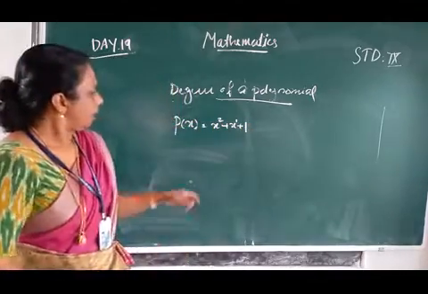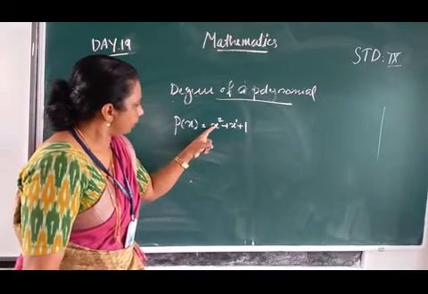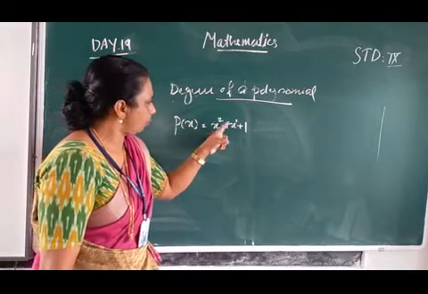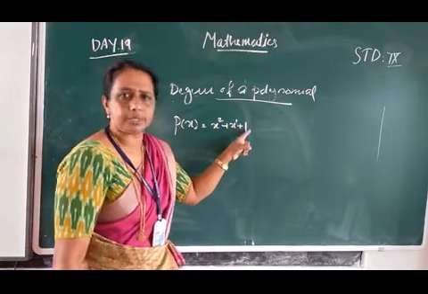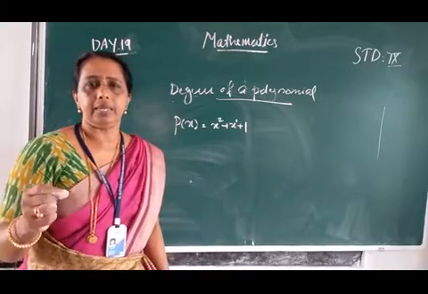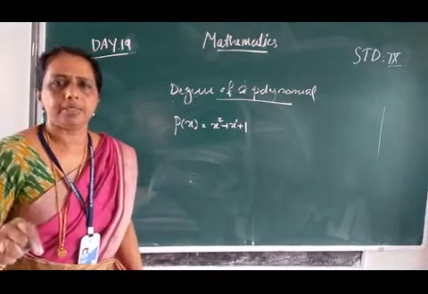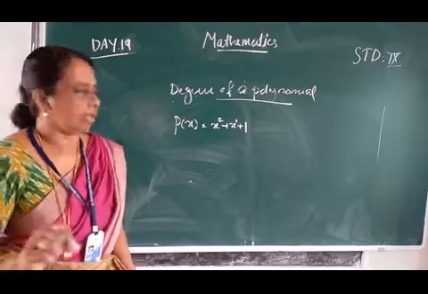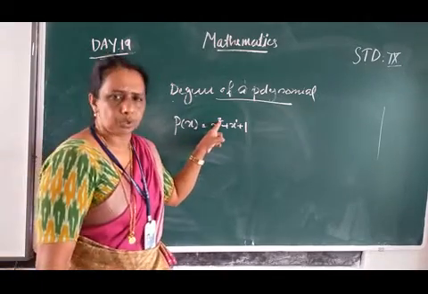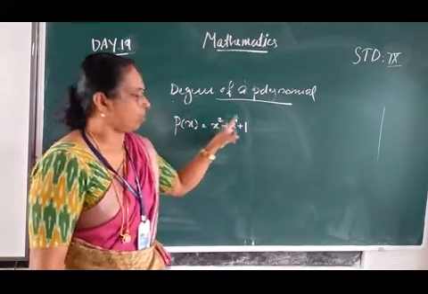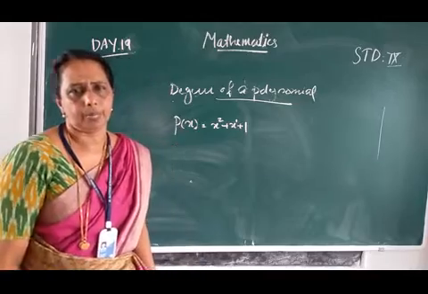That is, the power of this term is 2, power of this term is 1, and power of this term is 0. The highest power of the variable in a polynomial is called the degree of the polynomial. Here the highest power is 2. Therefore, the degree of this polynomial is 2.